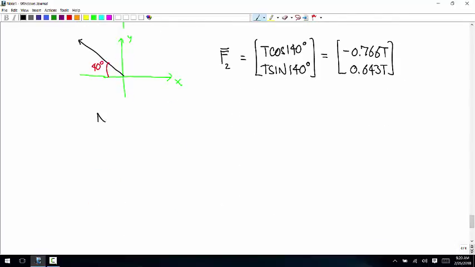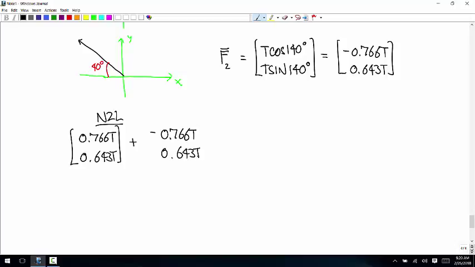So now Newton's second law says (0.766 T, 0.643 T) plus (negative 0.766 T, 0.643 T) is equal to the mass of the thing times its acceleration, but it's just hanging there, so that all comes out to be 0.